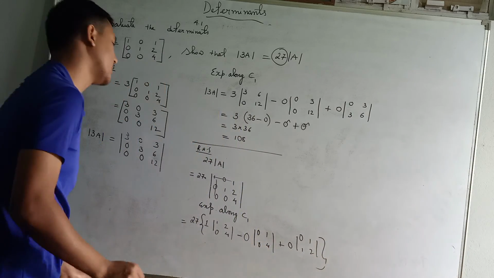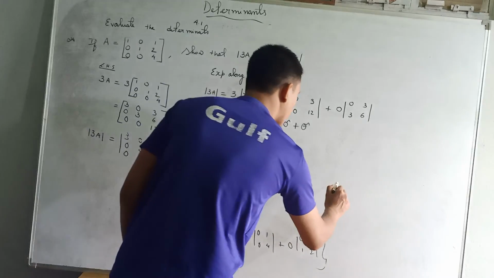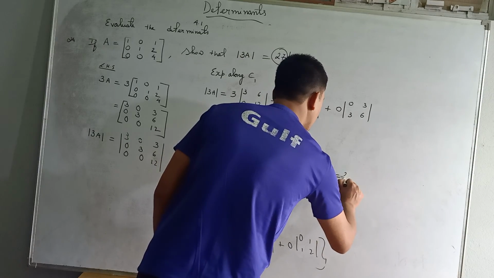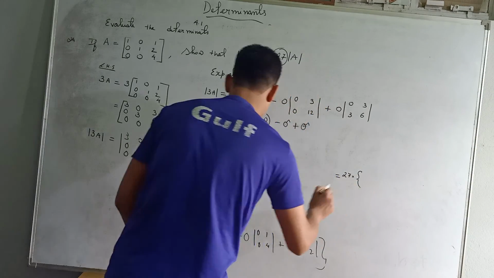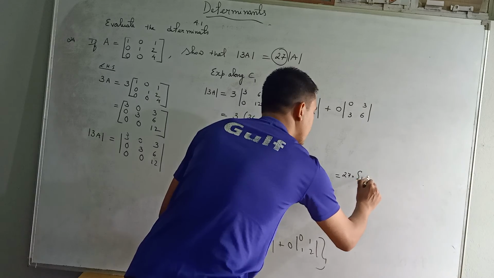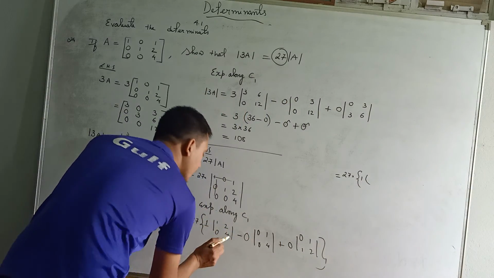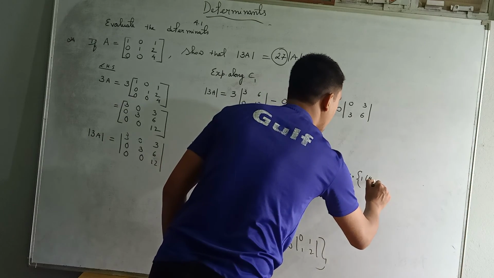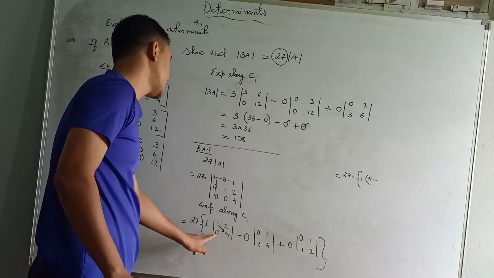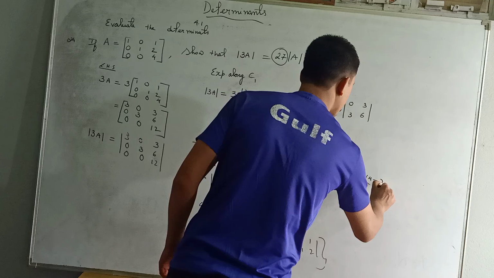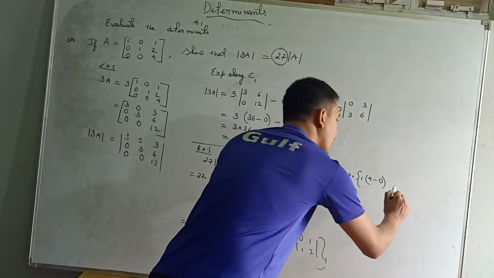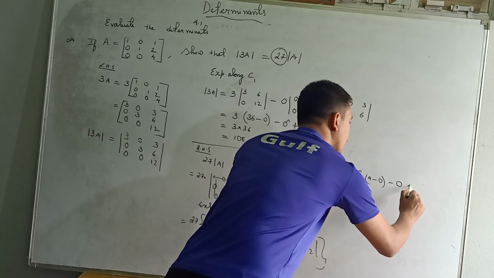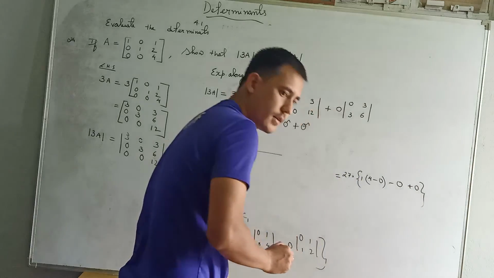And then the expansion is done. So this is equal to 27 times 1 into, we multiply the diagonal elements, 1 times 4 is 4 minus 0 times 2 is 0. And then we have minus 0 plus 0.